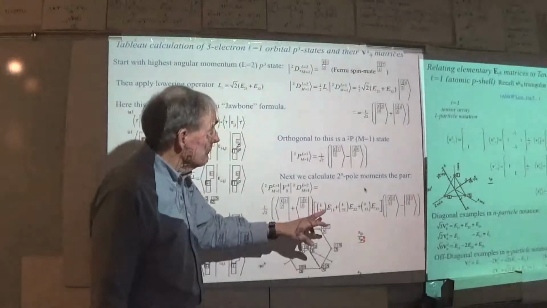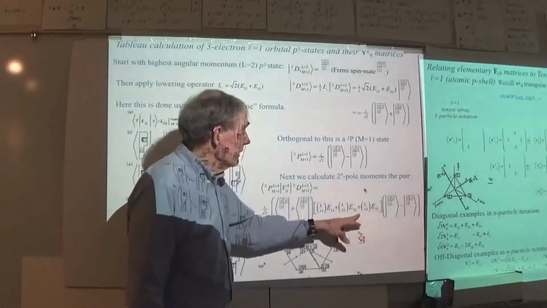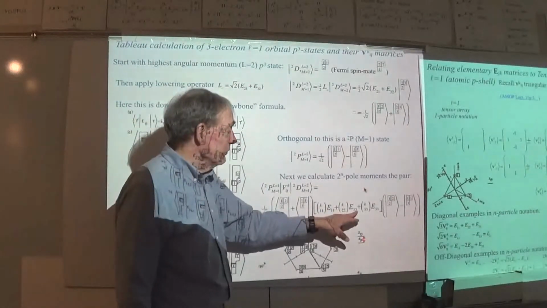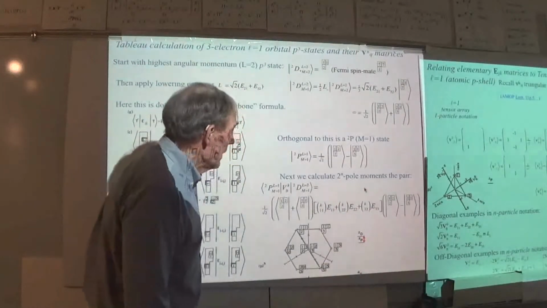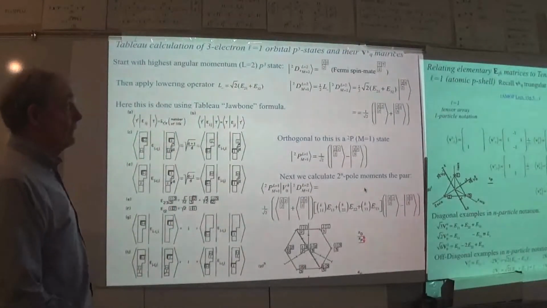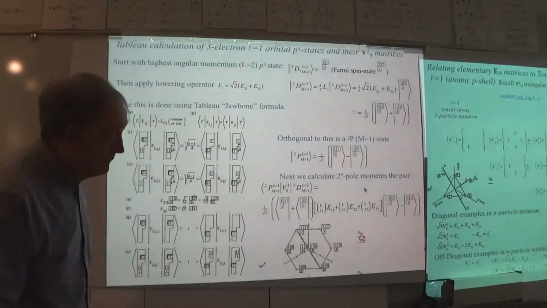Anyway, I need these numbers right here in front of my elementary operators, which are counting number of ones, number of twos, and number of threes. So that's all there is to calculating matrix elements of actual physical operators.